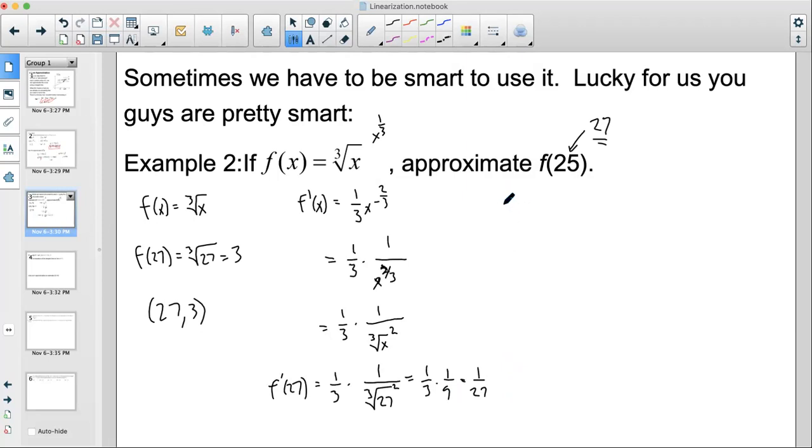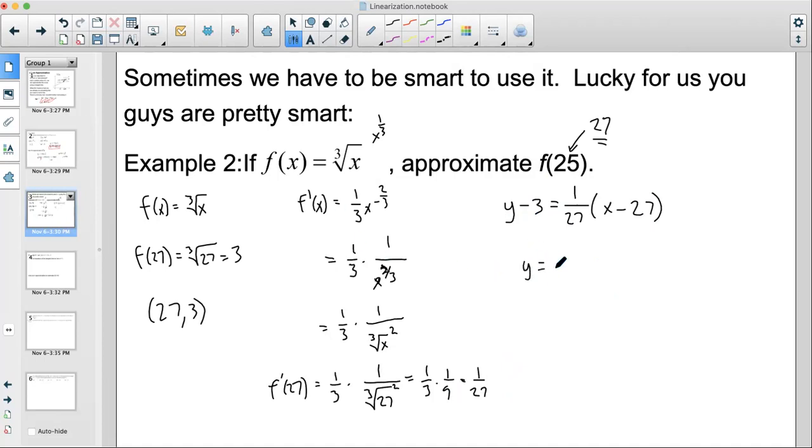So my approximation is going to look like y minus 3 equals 1/27 times x minus 27. Let's see, y minus y1 equals m times x minus x1. That looks good. 3 squared is 9. Yeah, we're good.